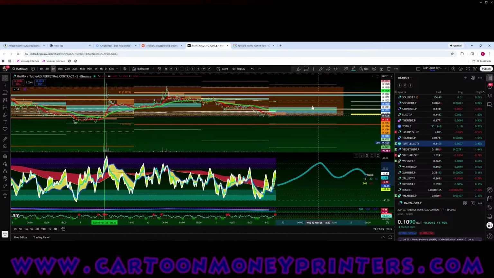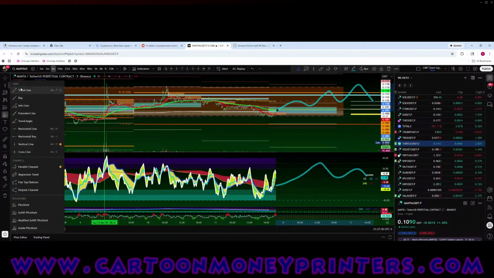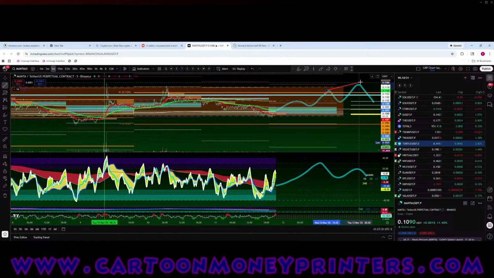What he just drew there was a bear div. So let's say price goes up, and then price higher, indicator lower. Price higher, momentum lower, and momentum lines lower.